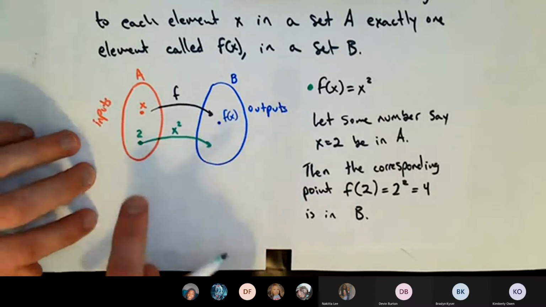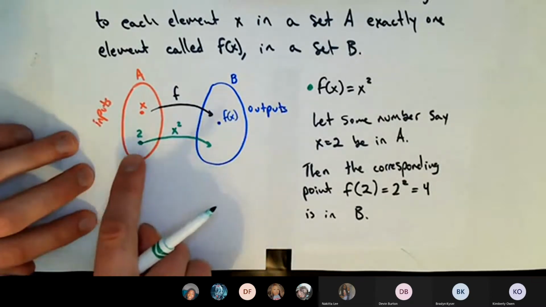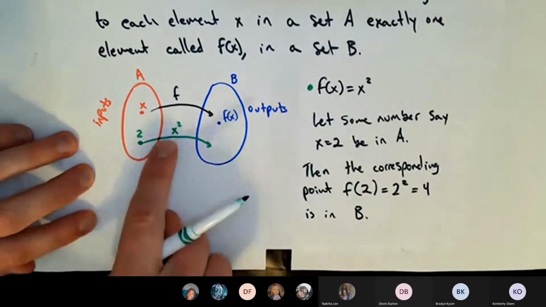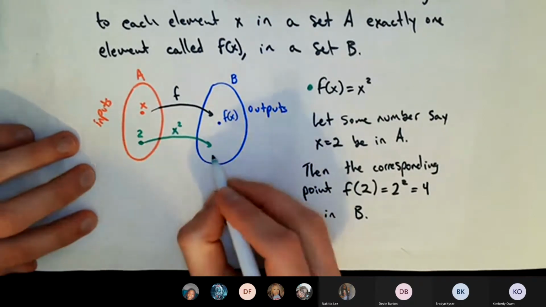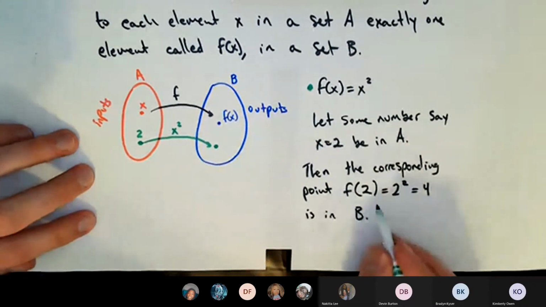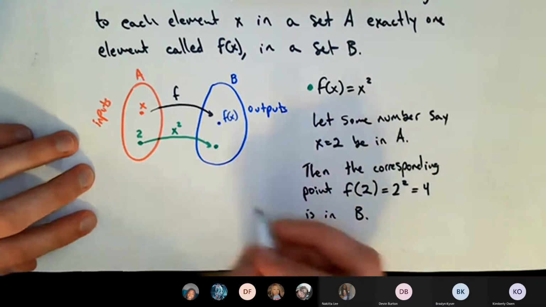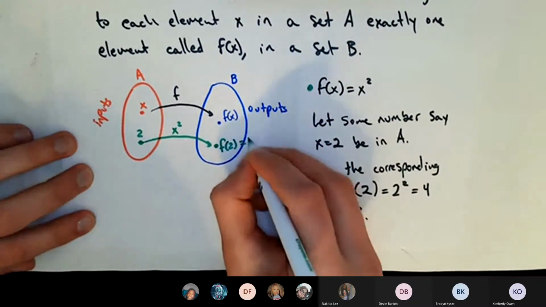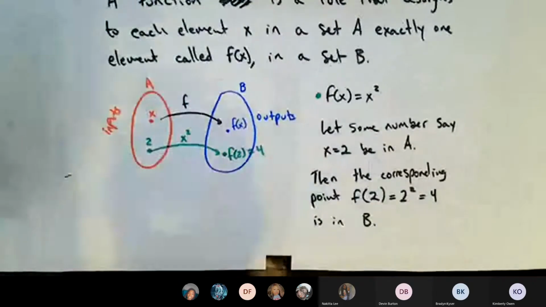That's the rule that gets us from input to output for this particular function: to square the input. That's going to land us at a new element, which is just a number, f of 2, which is 4. So you could just put 4 there. That would be okay.